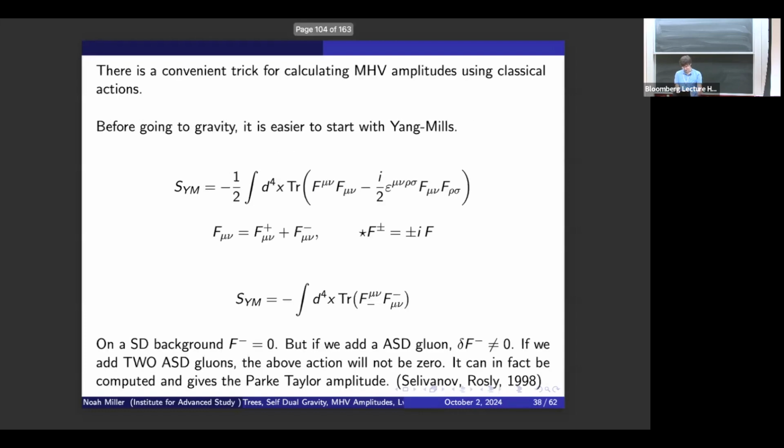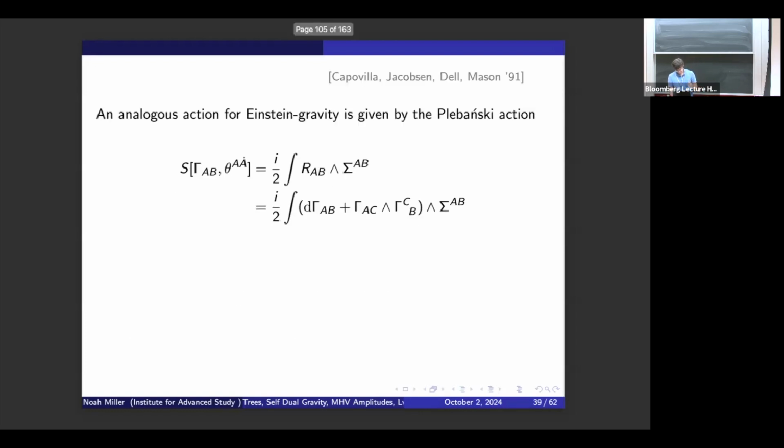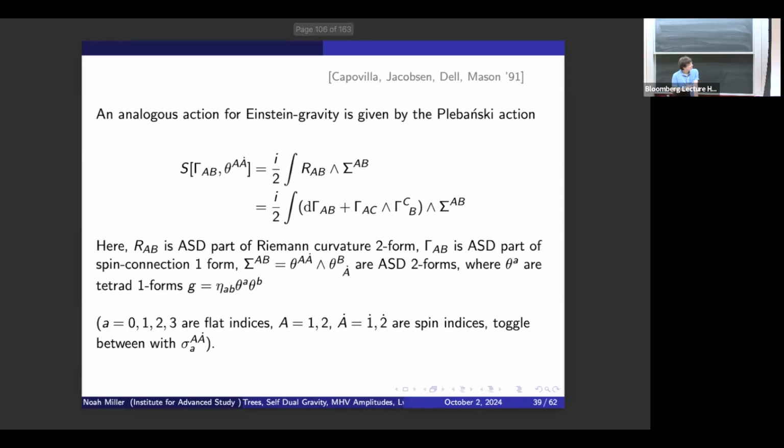Okay, so now I'll briefly say what the analogous formulation of Einstein gravity is. That turns out to be given by this Plebanski action, where R^AB is the anti-self-dual part of the Riemann curvature 2-form, and gamma^AB is the anti-self-dual part of the spin connection 1-form.